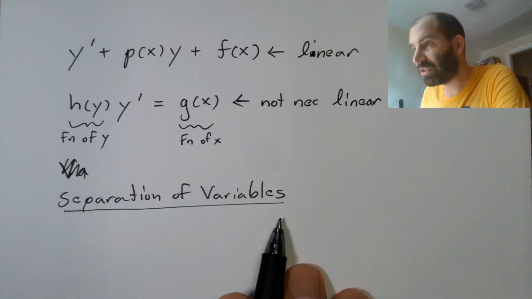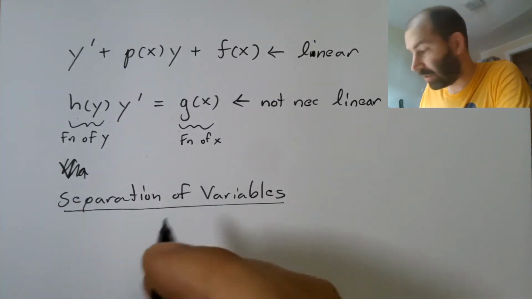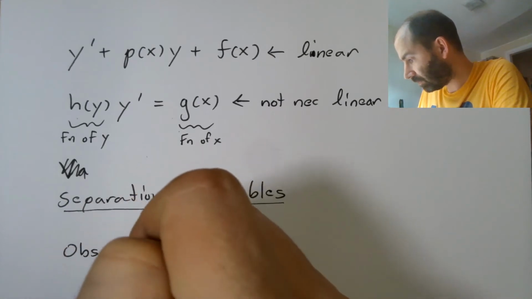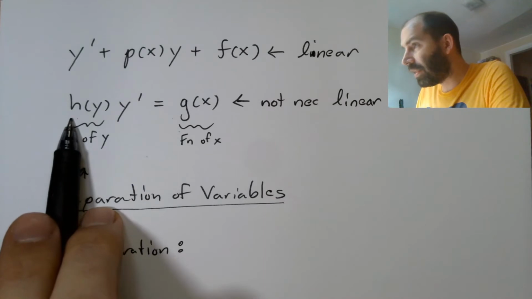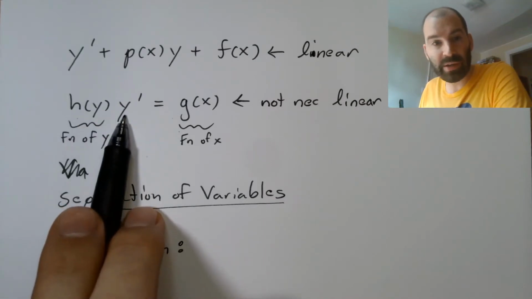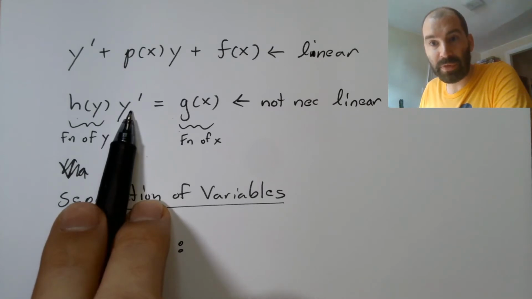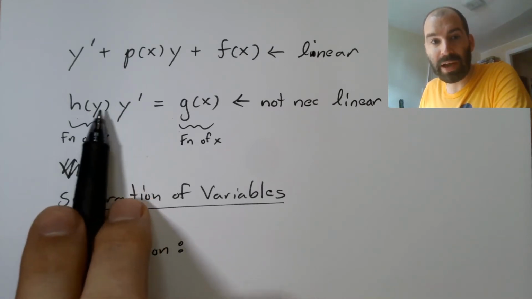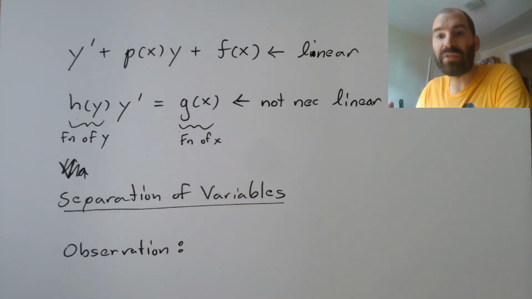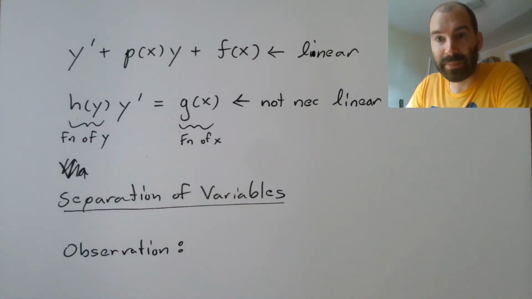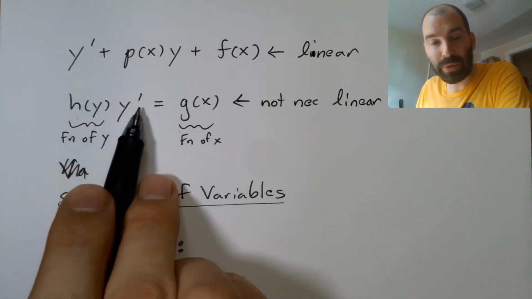And the method of separation of variables is going to proceed as follows. It uses the following observation. So this guy, h of y times y prime, is the derivative of some function. Okay? If you think about how the chain rule works, when we differentiate a function using the chain rule, we have to multiply by y prime on the outside. And so that's where the y prime is coming from.